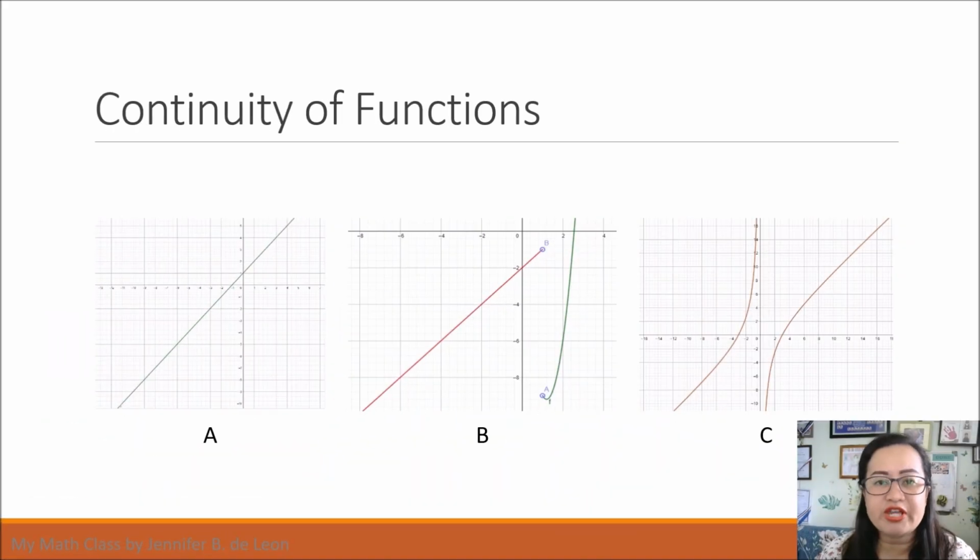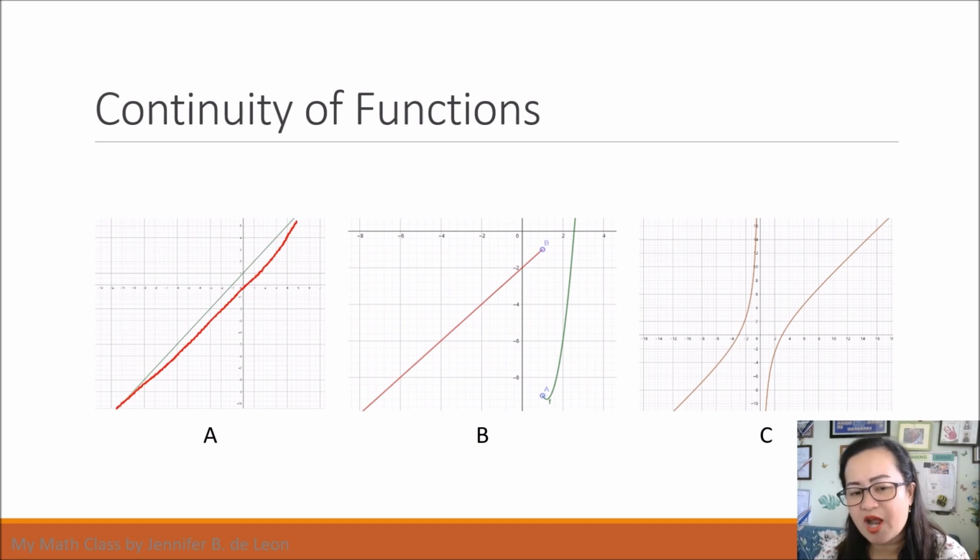In these three graphs, only letter A exhibits continuity of function. If we trace the graph, let's have letter A. Take note that we can trace the graph in A without lifting our pen and passing each portion once.